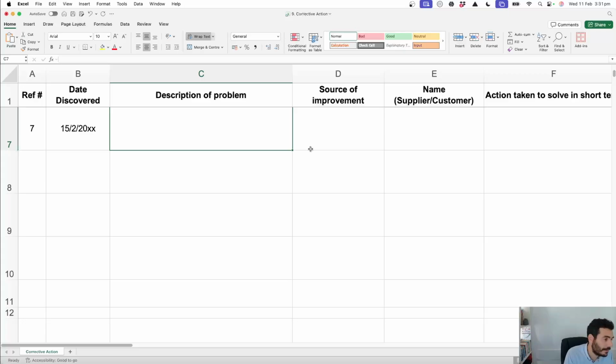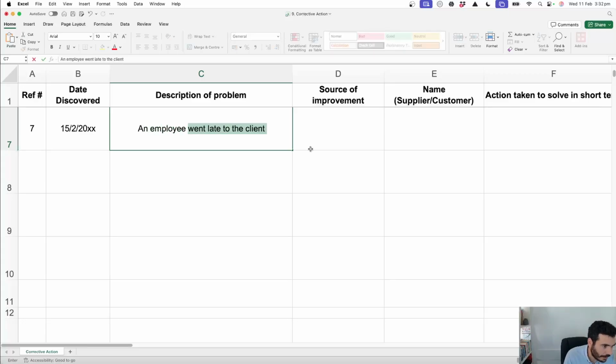What's the problem that you have? An employee fell to a phishing attack and sent money to the cyber thief, we can say, I guess.